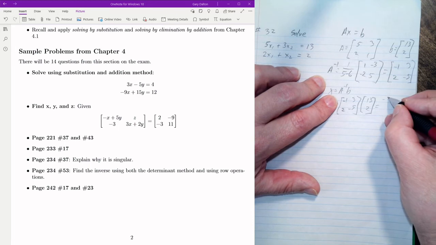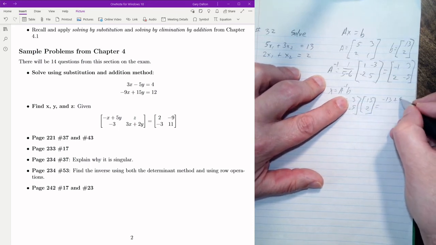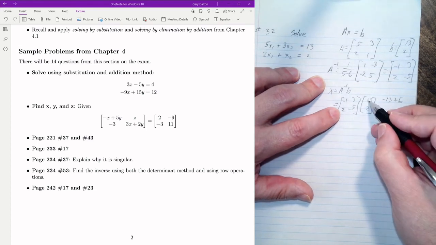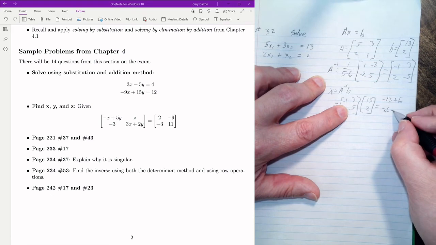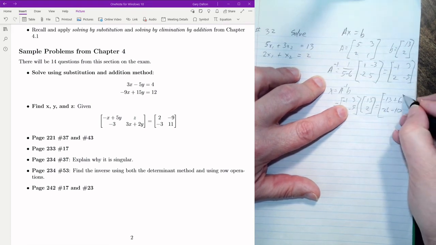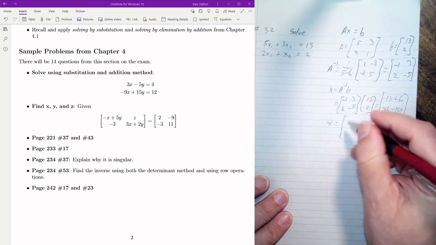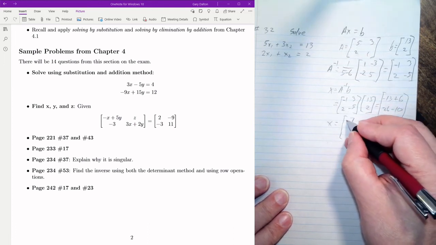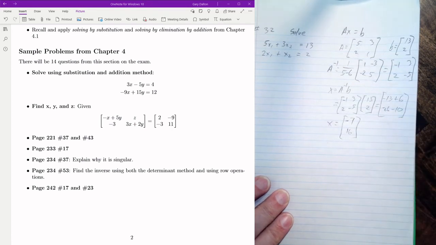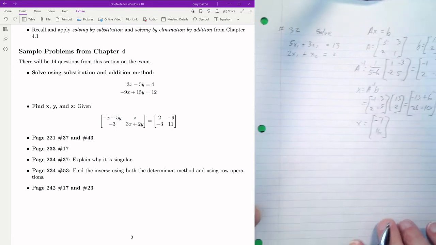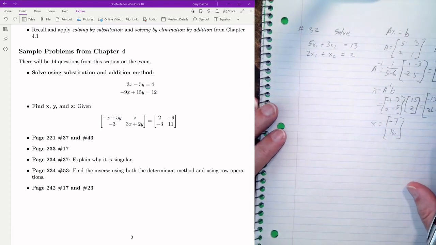So minus 13 plus 6, 26 minus 10. So x equals minus 7, and 16. Yes? Okay. Now, let's do the same thing, only let's do it using an augmented matrix.